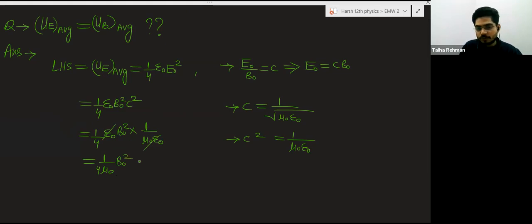So 1 by 4 mu naught of B naught square is equal to the magnetic energy density of the electromagnetic wave.